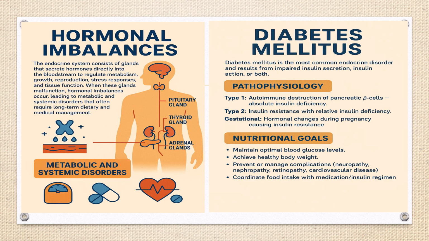For type 2, there is insulin resistance with relative insulin deficiency. That is, there is insulin, but it is not active, or we do not have enough insulin. Thirdly, we have gestational diabetes, generally referred to as pregnancy-induced diabetes.